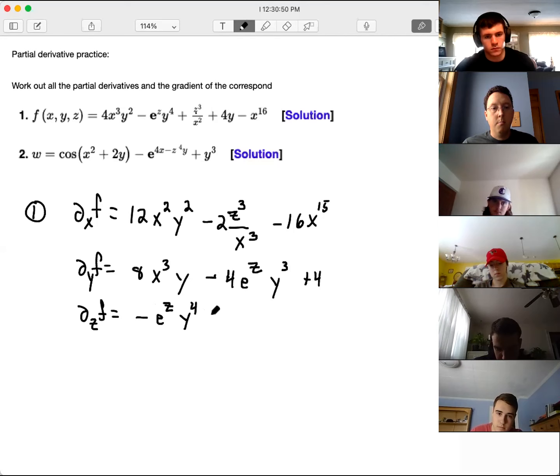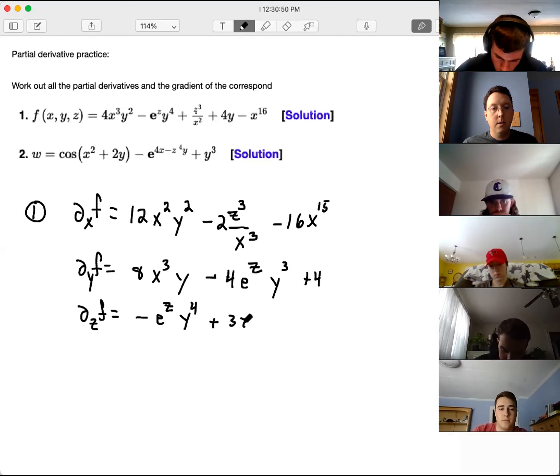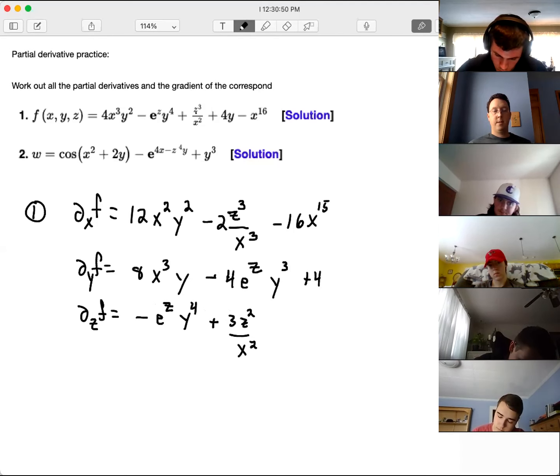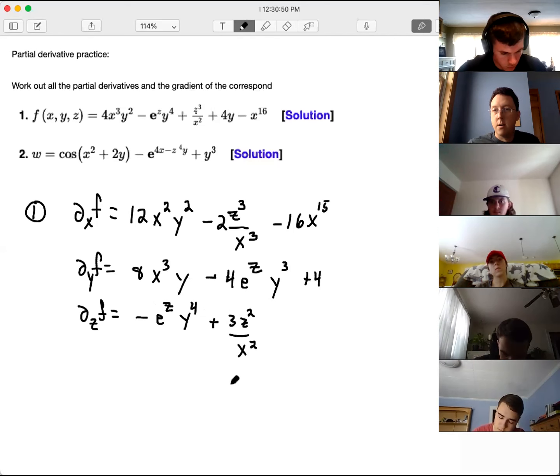And then I get plus 3z squared over x squared, constant, constant. How did we do so far?